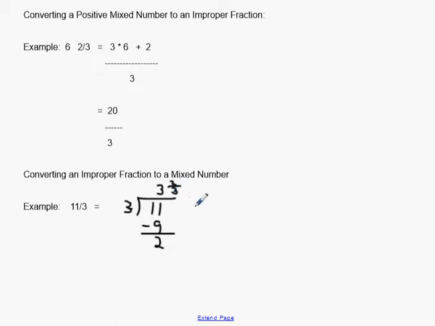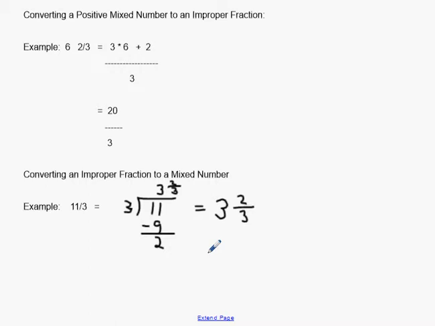And so what we get is the mixed number 3 and 2/3. And we just converted an improper fraction into a mixed number.